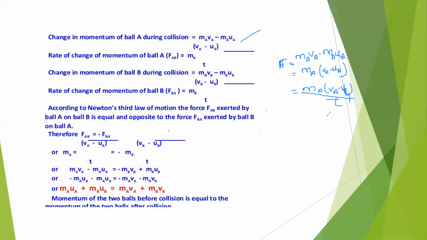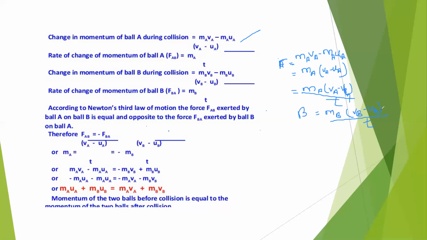Similarly, for ball B we can write MB into bracket VB minus UB, whole divided by time. This is what I have written: the rate of change of momentum for body A and for body B separately.